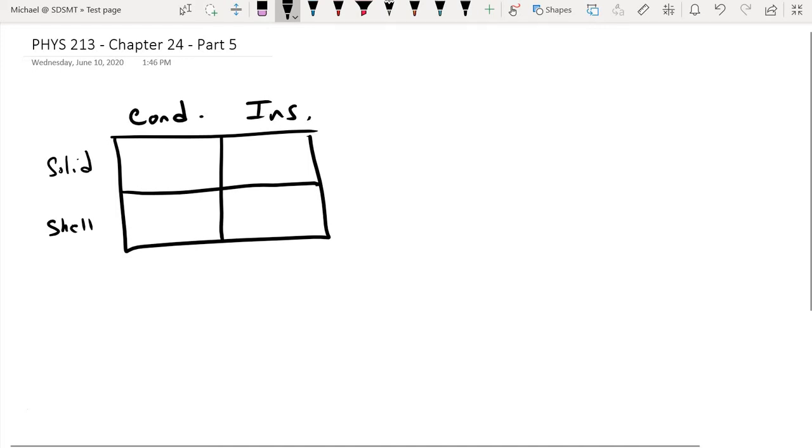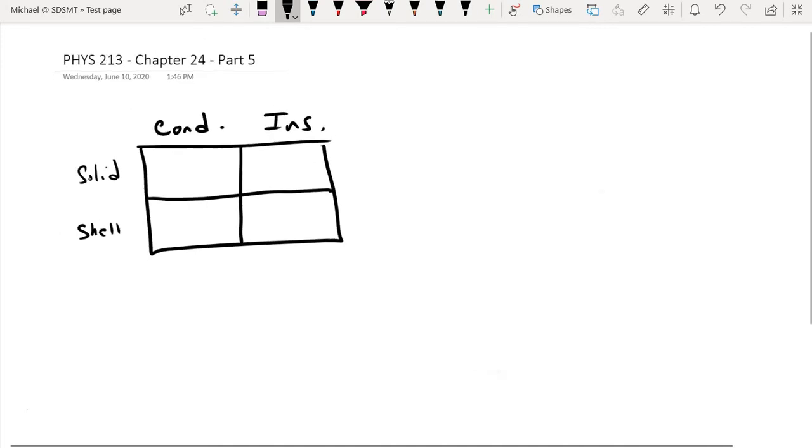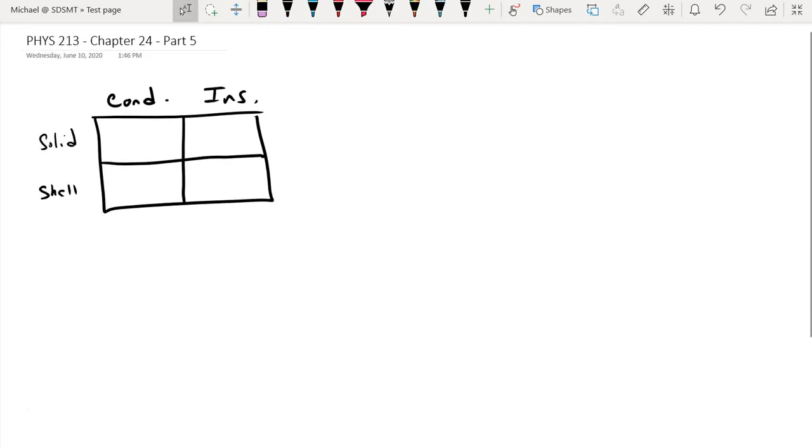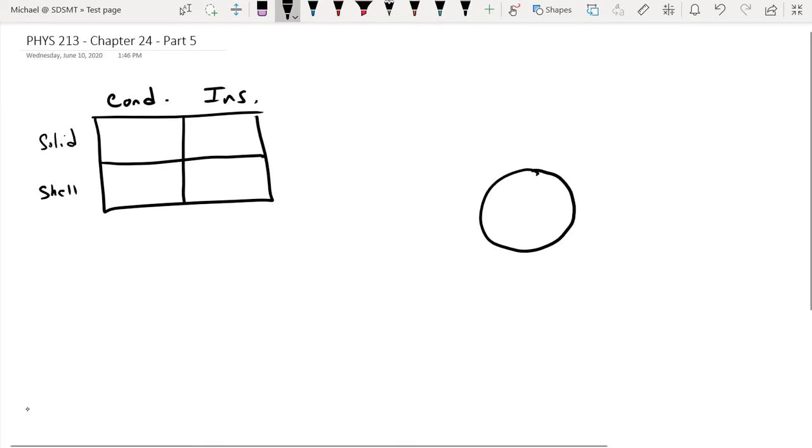For each of these combinations, we looked at the same combinations for electric fields that would be produced by these items. So now we're going to look at how these constructs would produce electric potentials.